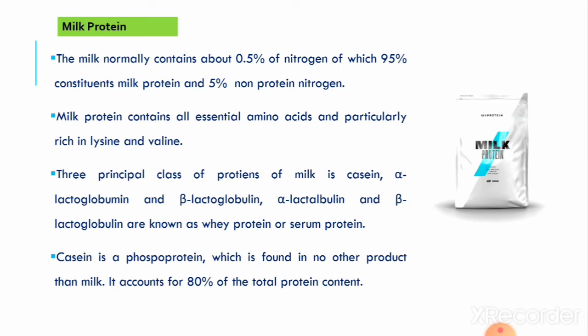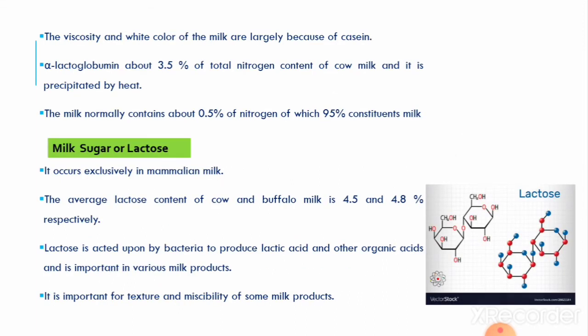Casein is a phosphoprotein which is found in no other product than milk. That is, casein is the only phosphoprotein that is present only in milk. It accounts for 80% of the total protein content. The viscosity and white color of the milk are largely because of casein.